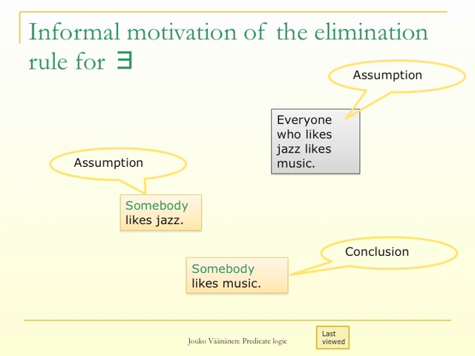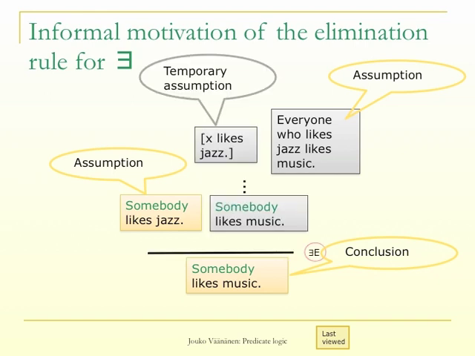So we make a temporary assumption x likes jazz. When we combine this with the assumption that everybody who likes jazz likes music, we can conclude that x likes music. And now, since x likes music, of course, we can conclude that somebody likes music.